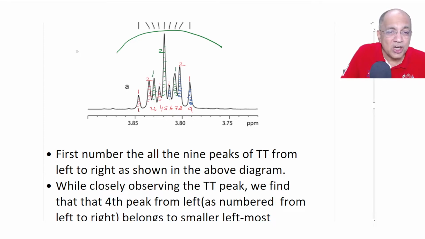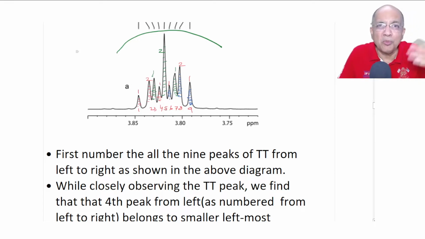So 1 to 4, or it will be 2 to 5. So that will give you the big J value, 1 to 4 or 2 to 5, because we want more number of J values of a particular type and average out so that we get least error. Standard deviation will be less.